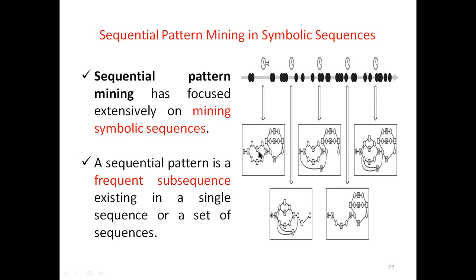The diagram on the right side shows some sequences of patterns. Here the pattern matching techniques are there. Frequent subsequences existing in a single sequence or set of sequences form a sequential pattern.